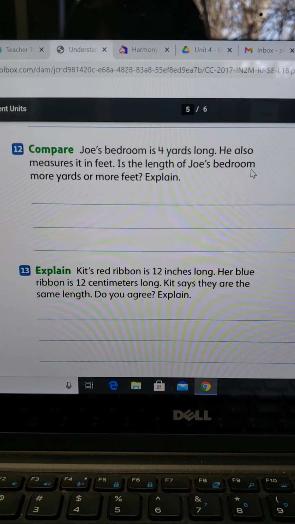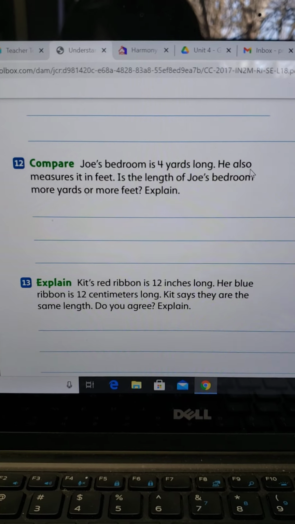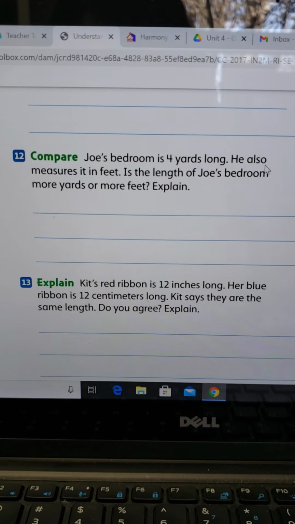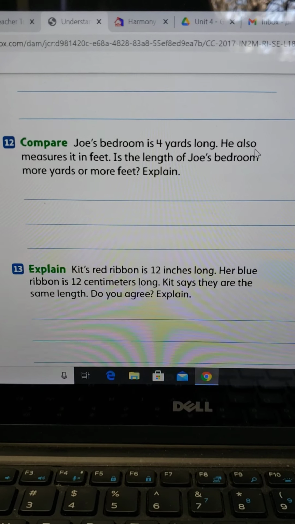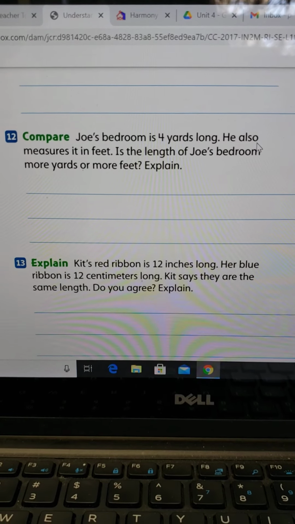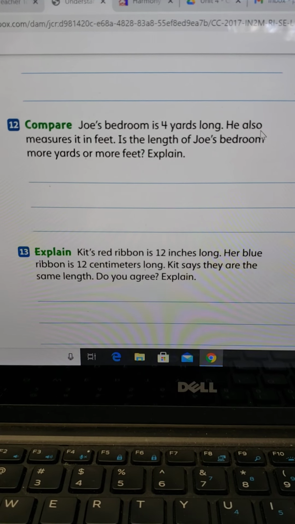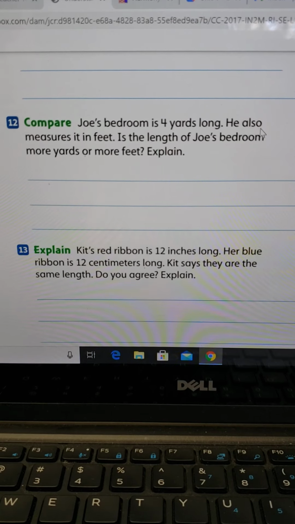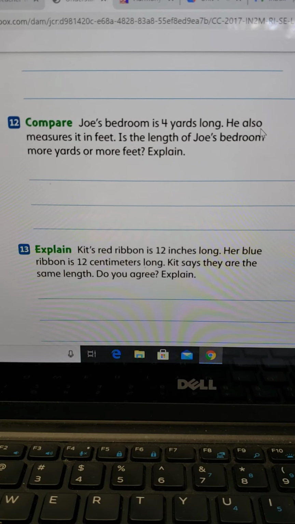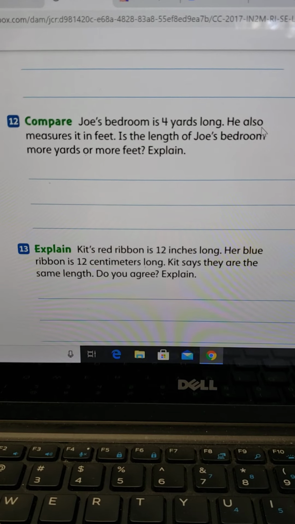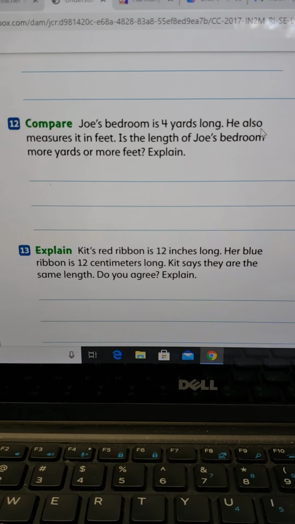Remember, that yardstick was the really long stick that I showed you in class last week. 4 of those yardsticks. He also measures it in feet. Is the length of Joe's bedroom more yards or more feet?